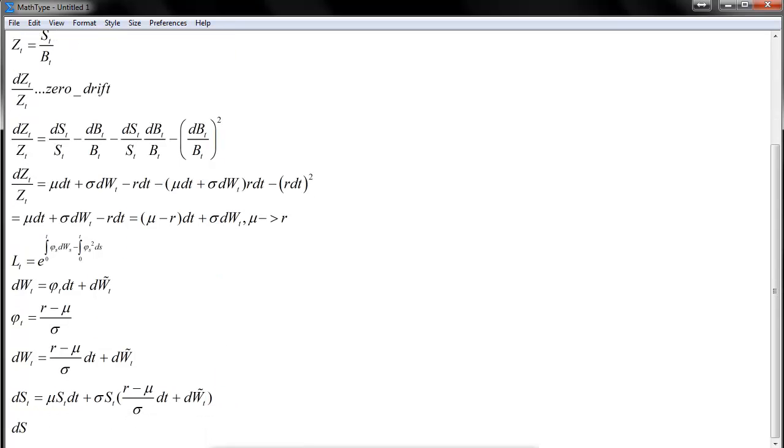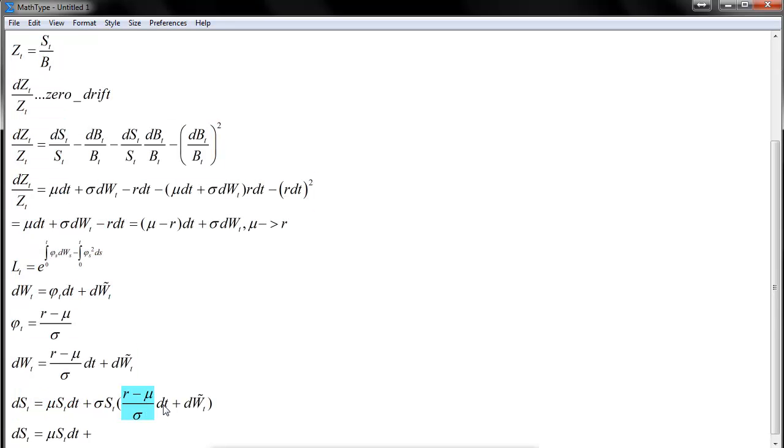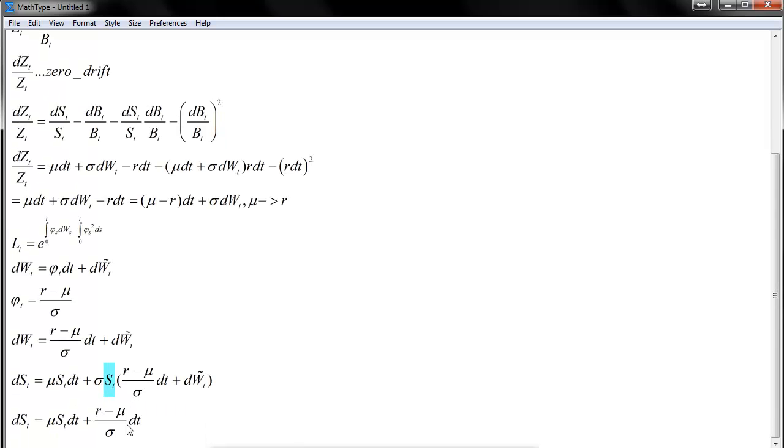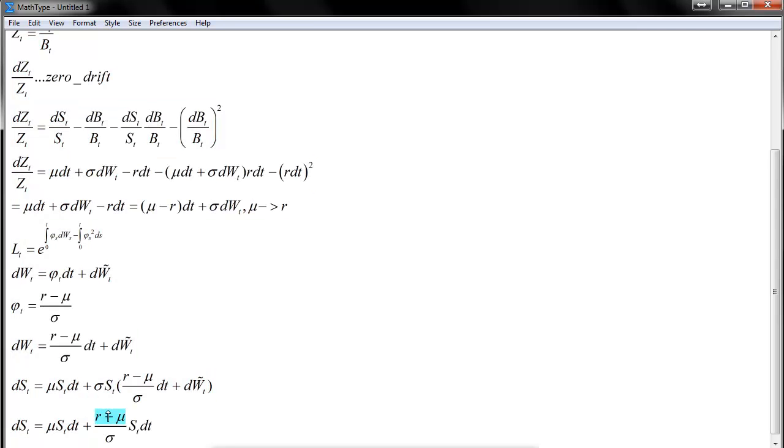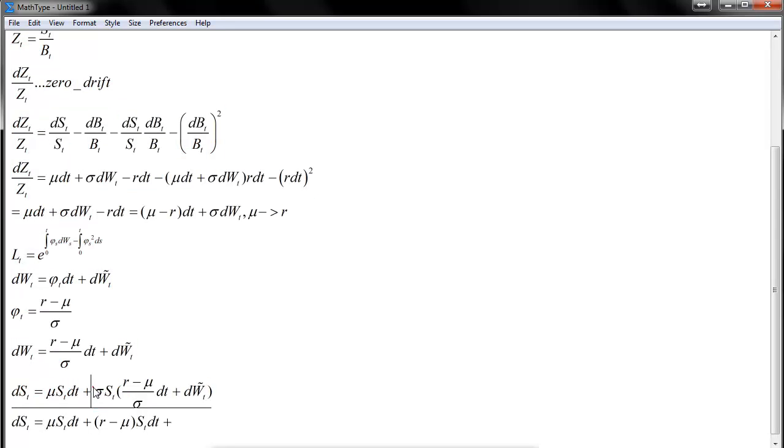Now dS of t equals this term times (r minus mu) dt times S, plus sigma S times the new Wiener process under the risk neutral measure.